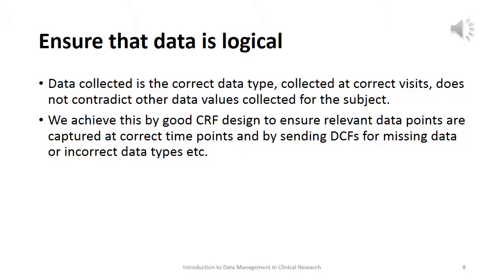So we want to make sure that that's as logical as possible. Now the way we achieve this, first and foremost, is by good case report form design to ensure that relevant data points are captured at the correct time points, and then by sending data clarification forms for missing data or any incorrect data types or other discrepancies out to the sites for them to clarify and respond back to us.